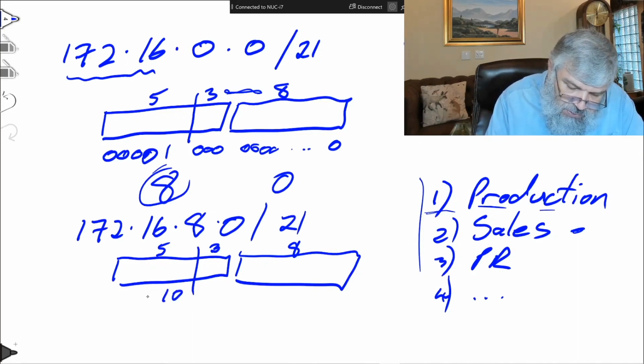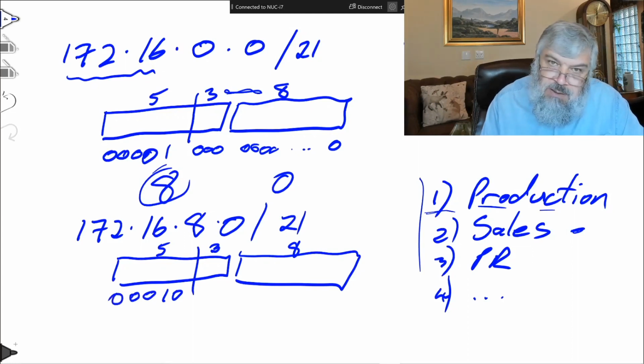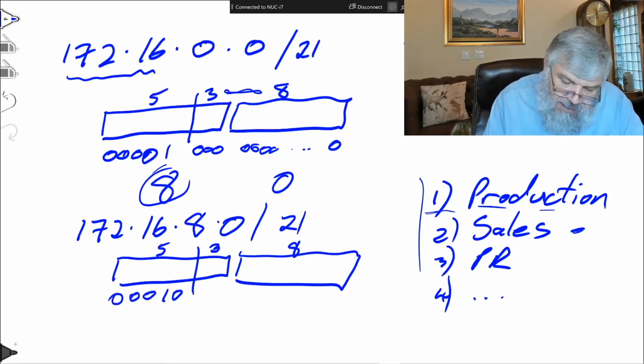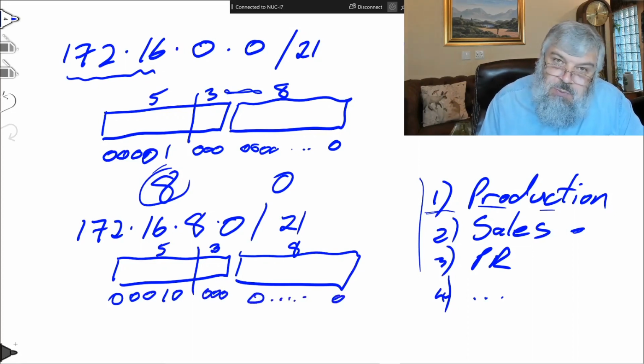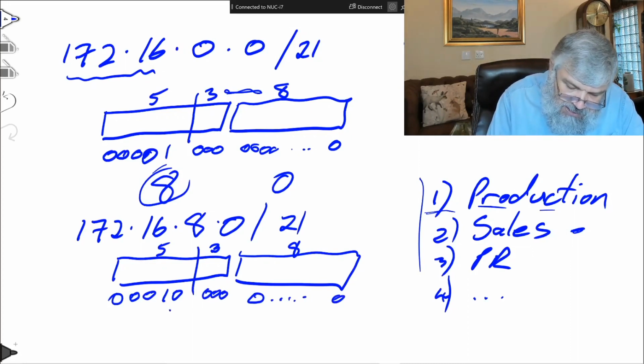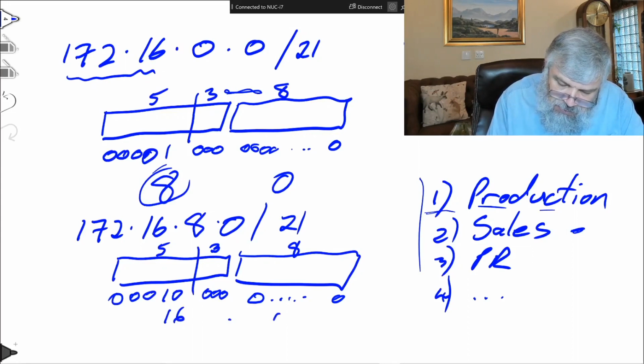Padding it to use all 5 bits means I will get that value, and then the lower order bits will all be 0, because we are talking about a network address. Converting this back to decimal, that is the 1s, the 2s, the 4s, the 8s, the 16s, and that is 0.